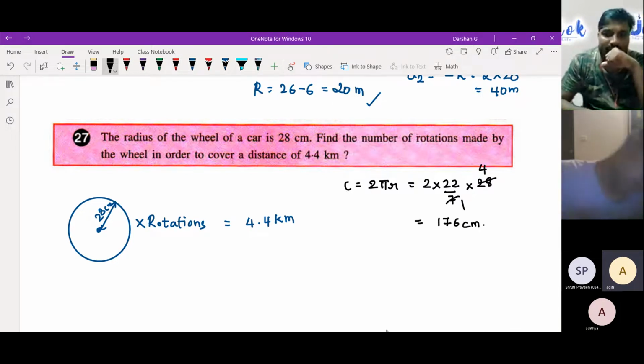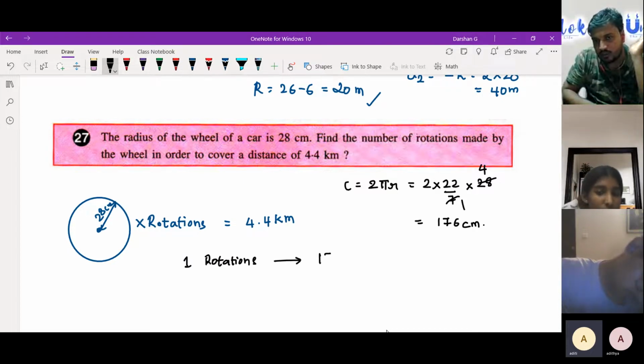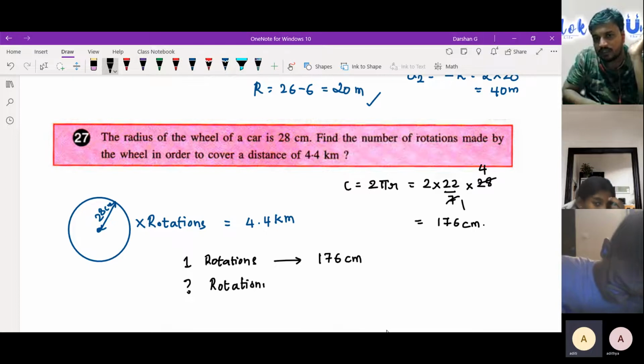So what does that mean? One rotation covers 176 centimeters. So for how many rotations should it cover 4.4 kilometers?